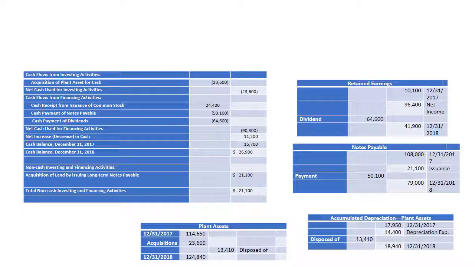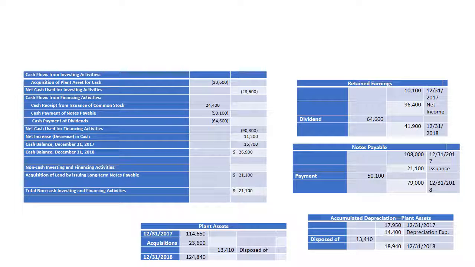We only want to know changes in long-term assets from cash transactions. A plant asset was disposed of for $0. The cost and the accumulated depreciation was $13,410.